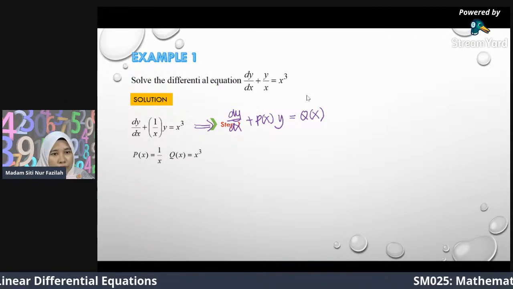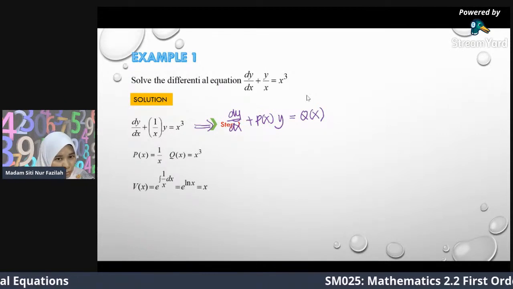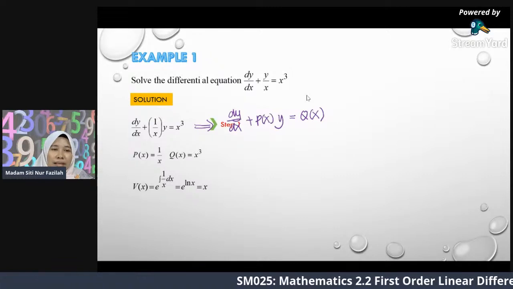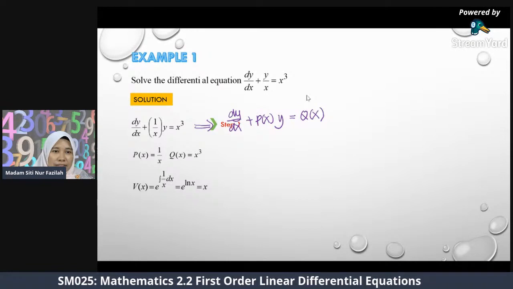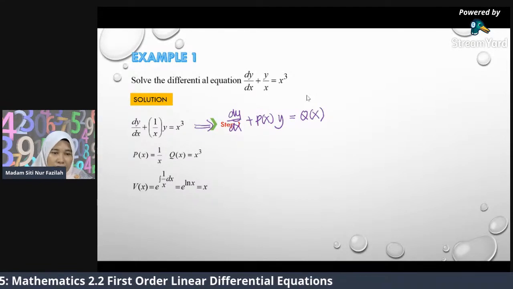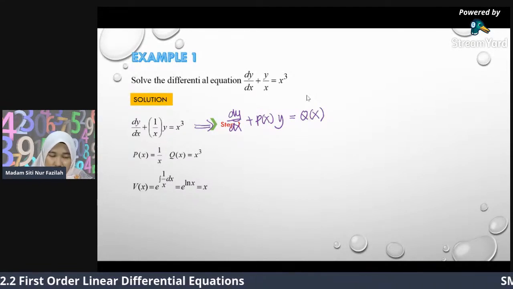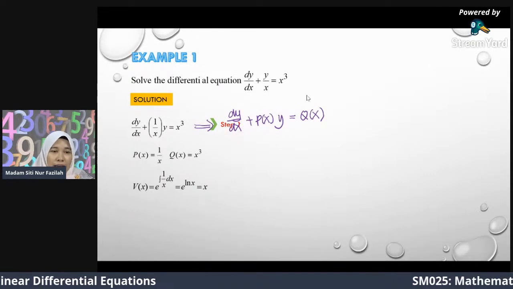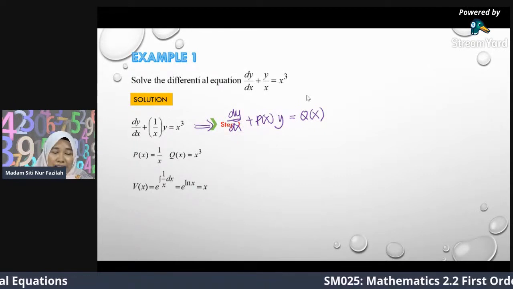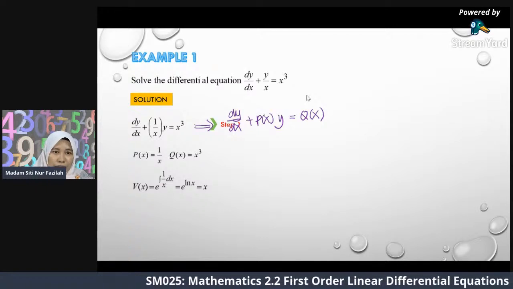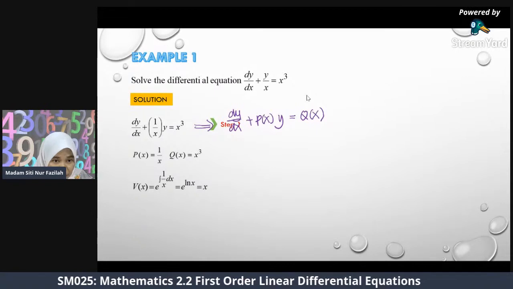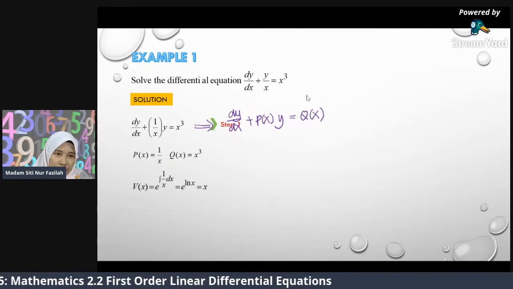Next, we go to step 2. We need to find an integrating factor. The symbol is function V(x). The formula is exponent to the power of integration P(x) dx. That's why we put exponent integration 1 over x dx.